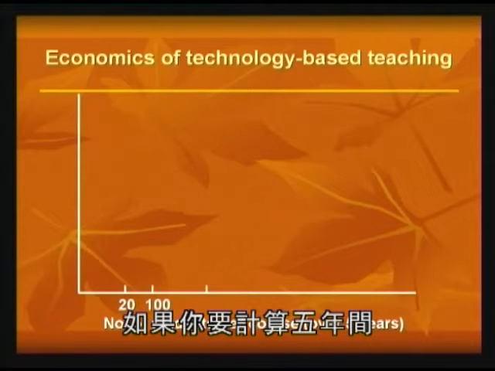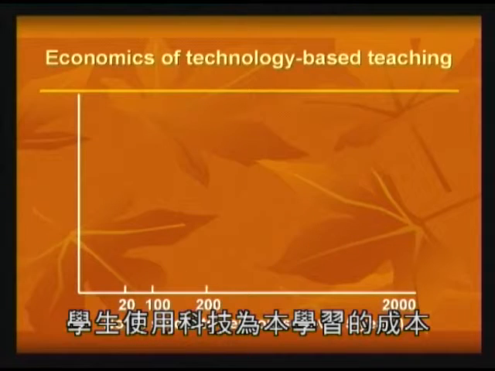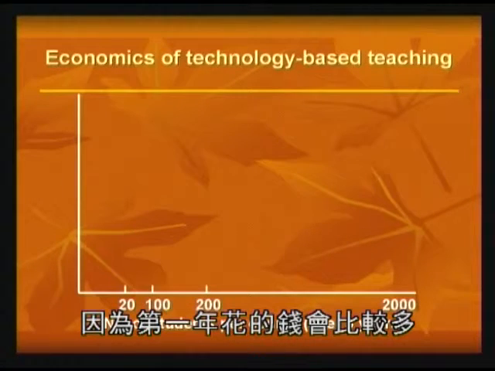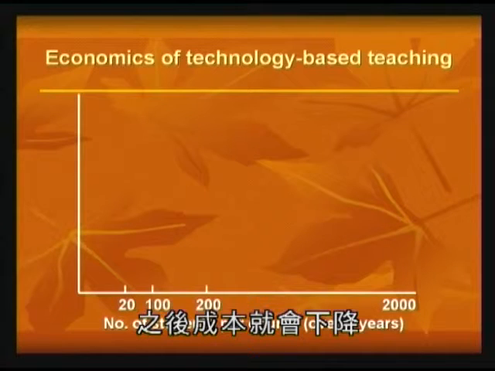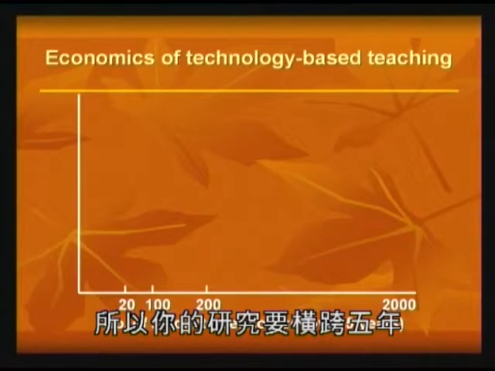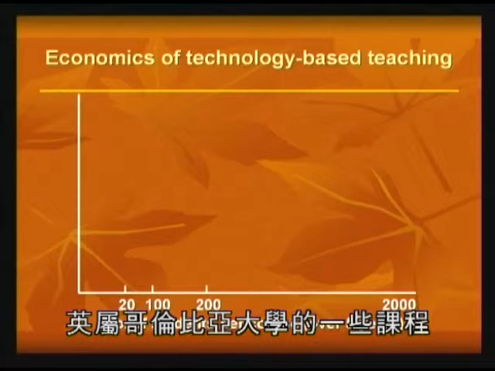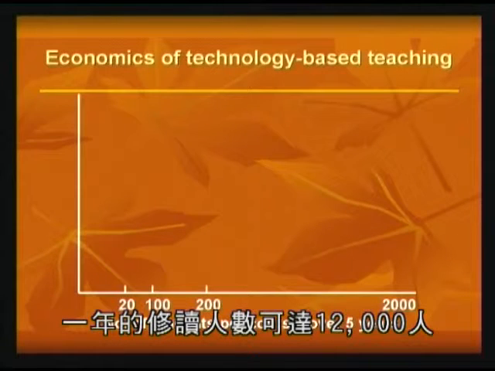Now if we think of the number of students in a course over 5 years, and again with technology-based teaching it's really important not to just look at the first year, because you spend more money in the first year creating the course but maybe less in delivering it. So you have to look over a 5-year period. Now 2,000 students in one course, well yes, we have at UBC 1,200 students in 1 year in some courses.